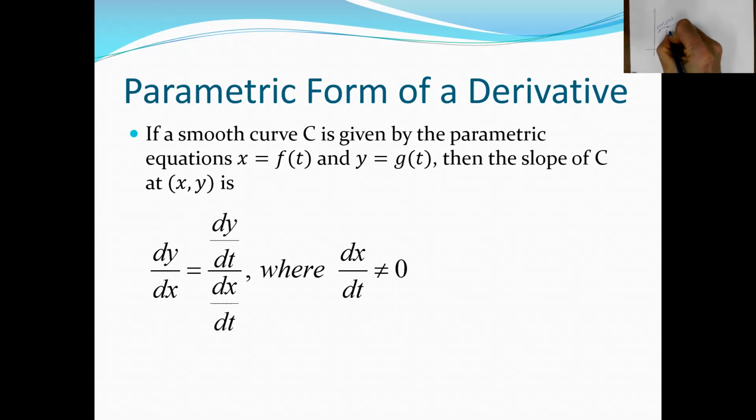And the other one, using t plus delta t as your plug-in value, is going to be f of t plus delta t, and g of t plus delta t.